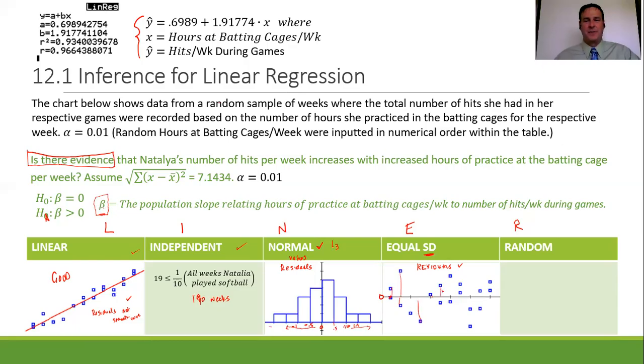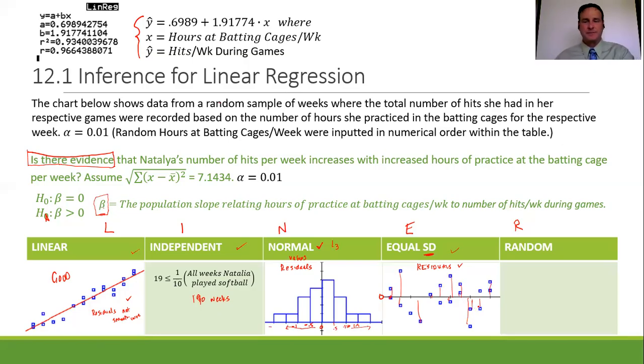The fact that you go from left to right and there's a good balance of small distances and large distances means that this is satisfied. We don't see a bunch of tight distances in the front and then have it get bigger and bigger as you move in the positive direction. You have small residuals and large residuals from left to right, very balanced as you move through.